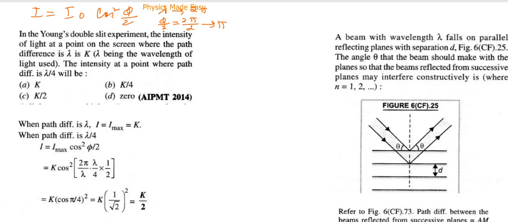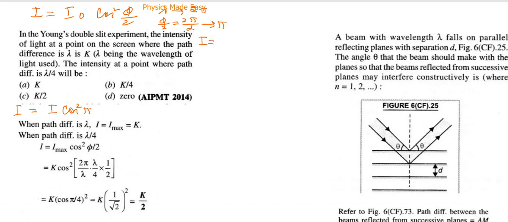Now replace phi by 2 by pi, and I will get I is equal to I naught cos square pi.